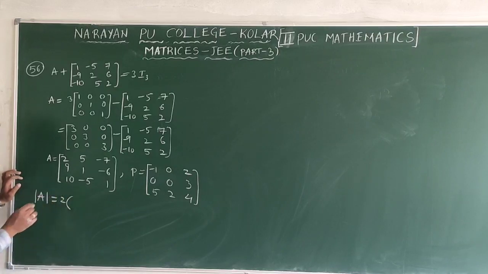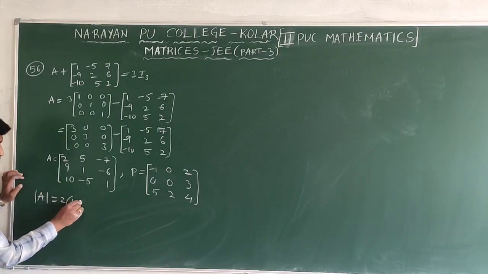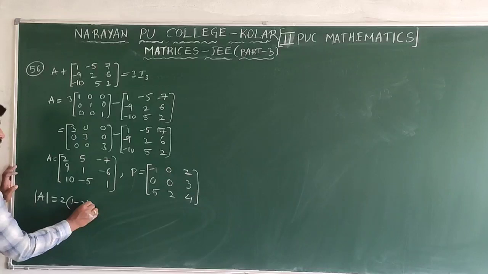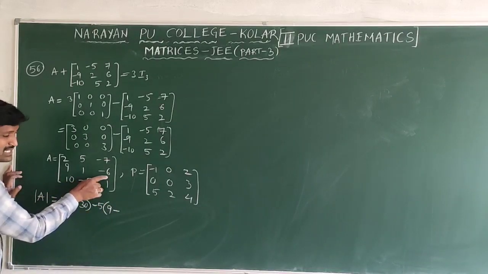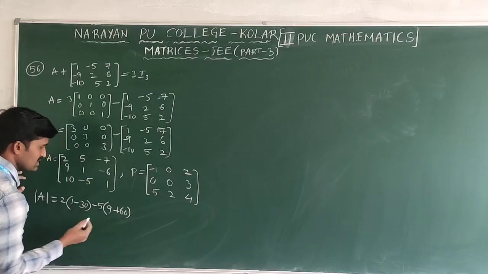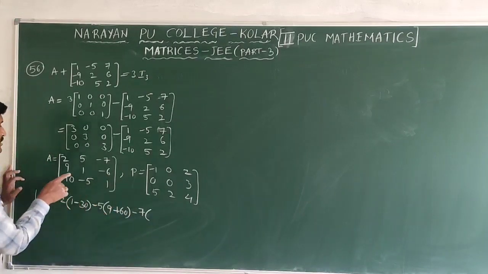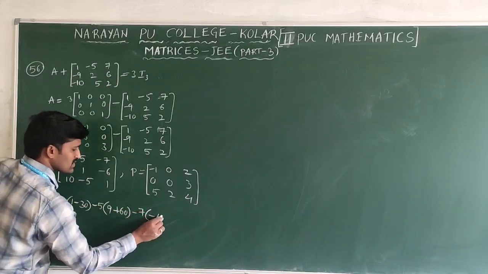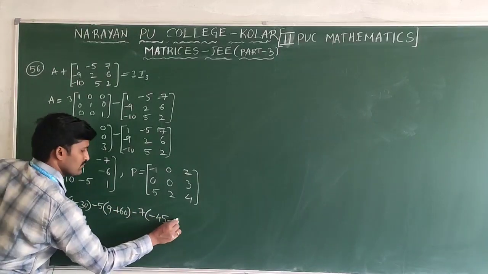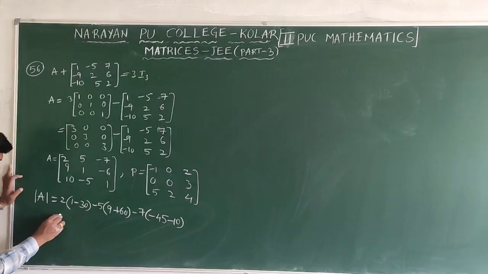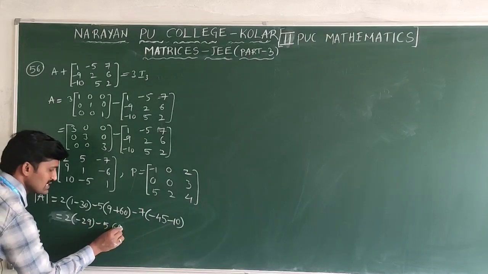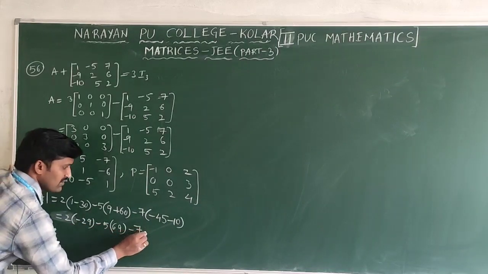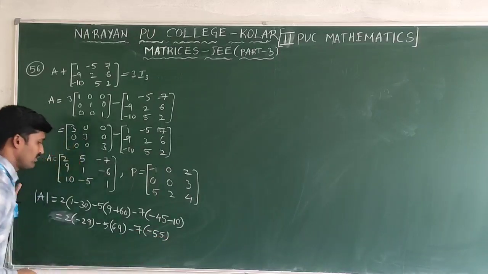Det A, find out what we get: 2 into 1 minus 30, minus 5 into 9 into 1, 9 minus 10 into minus 6, minus 60, minus of minus plus 60, minus 7 into 9 into minus 5, minus 45 minus 10. Simplify this: 2 into minus 29, minus 5 into 69, minus 7 into minus 55.